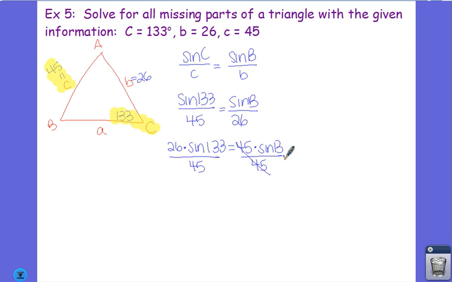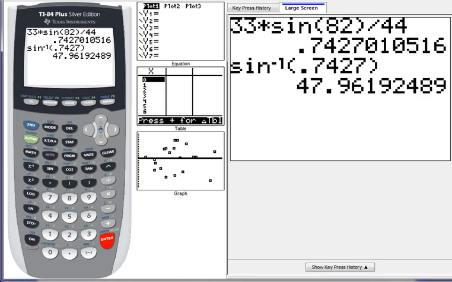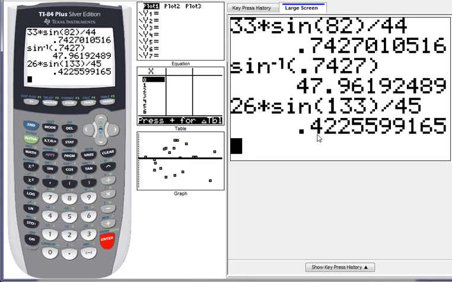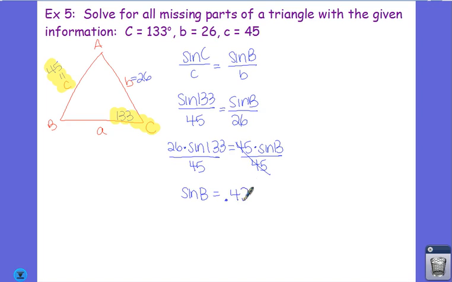So sine of b equals, let's go to our calculators, 26 times the sine of 133, close parentheses, divided by 45. So we're going to have 0.422, and this rounds up to a 6. So 0.4226. We need to shift this word over here.